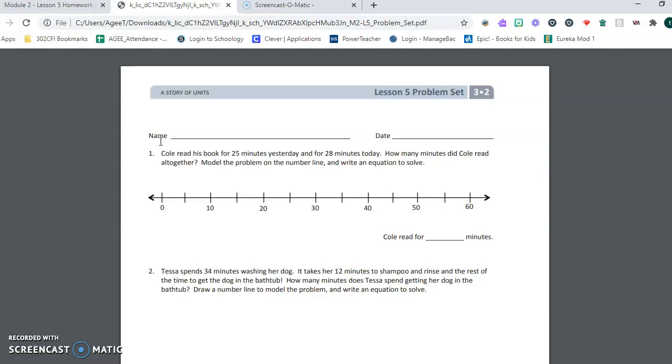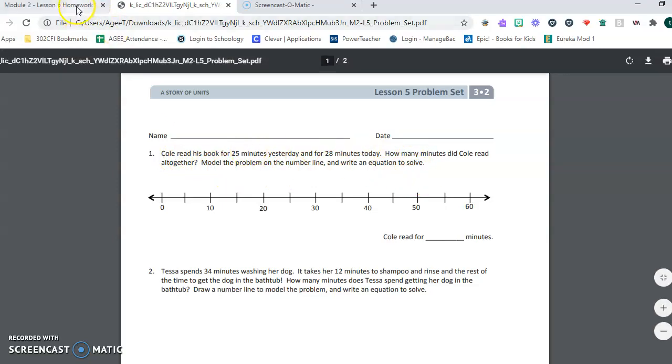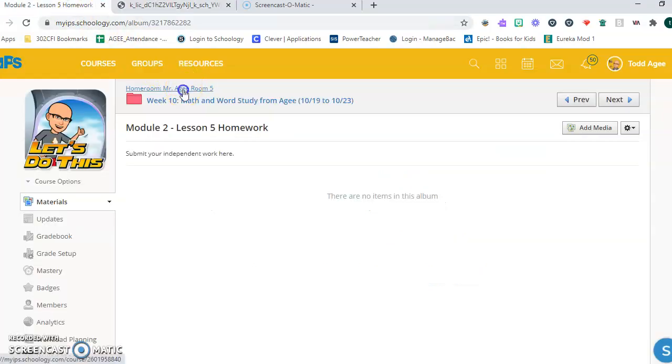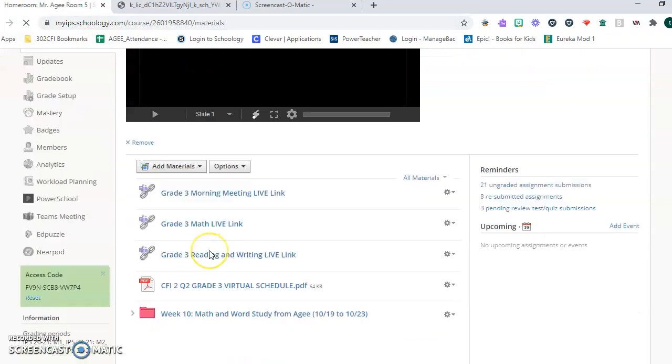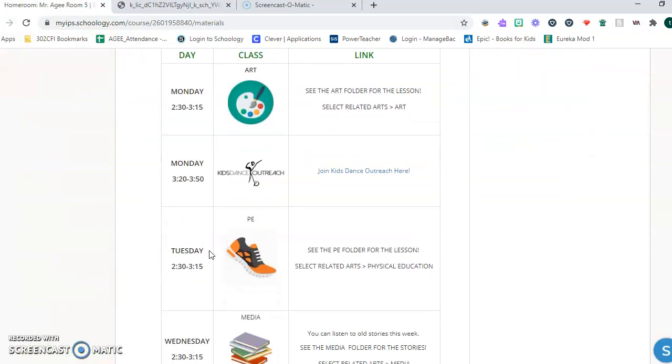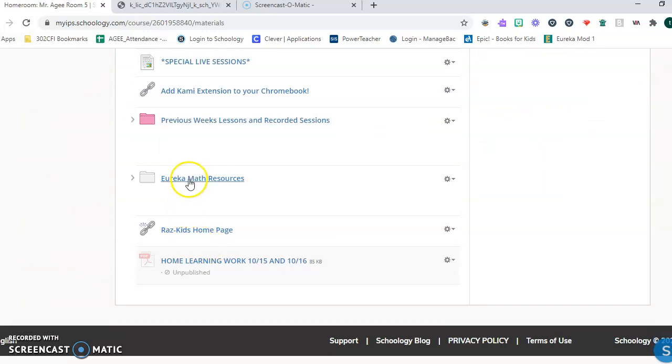Now, the creators of Eureka Math, they don't really take this into consideration, and they write the text for adults, basically.